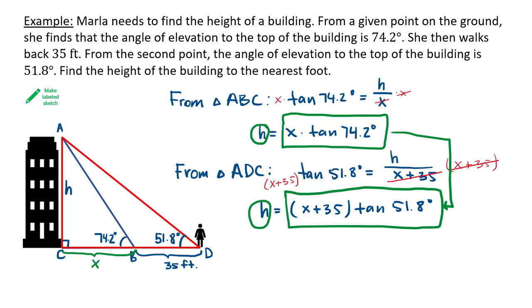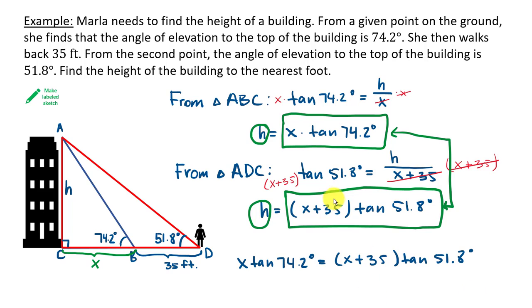So we can set them equal. So x tangent of 74.2 degrees equals x plus 35 times tangent of 51.8 degrees.